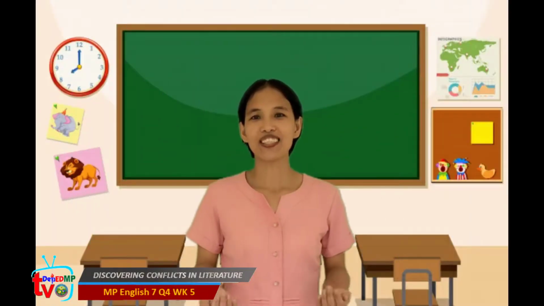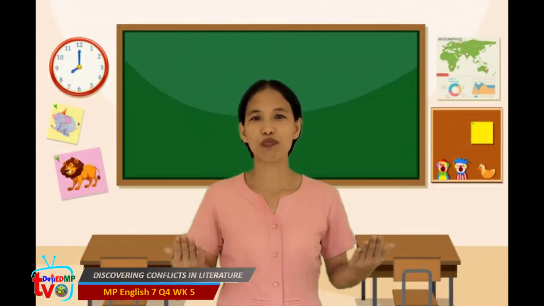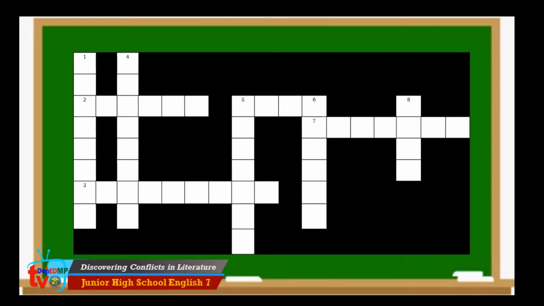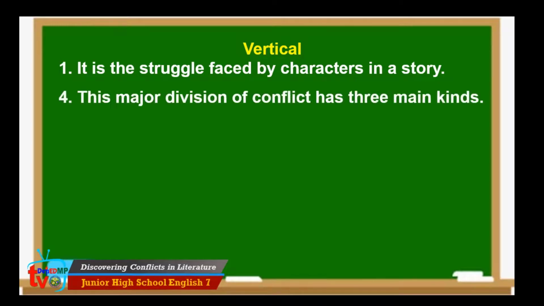Let us proceed. To check your understanding of the lesson, accomplish this puzzle with appropriate words to complete the thoughts or ideas being established in each number. Your guide to complete this puzzle are the following. Vertical. 1. It is the struggle faced by characters in a story. 4.